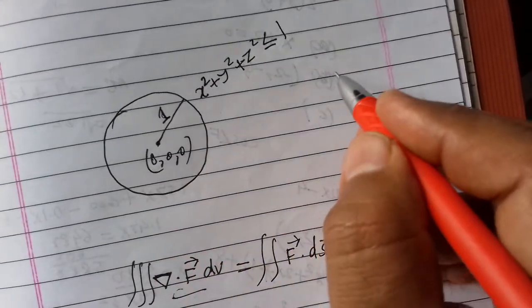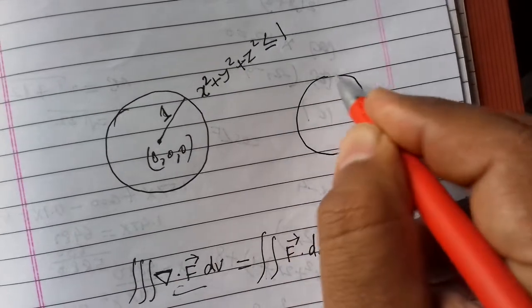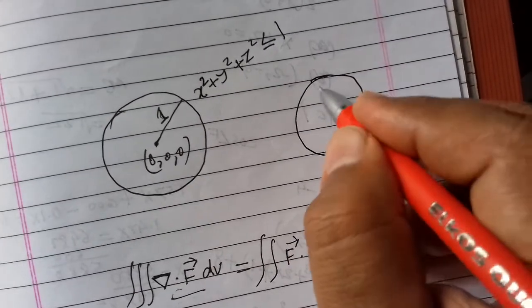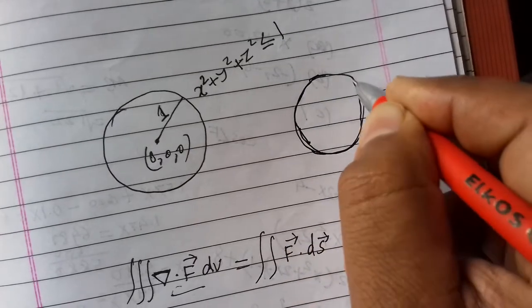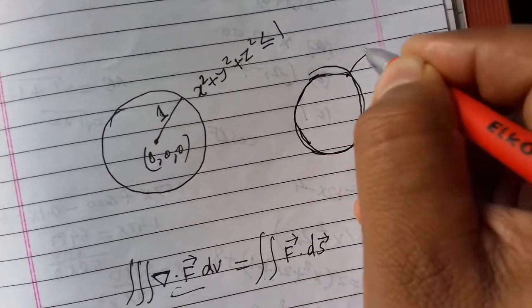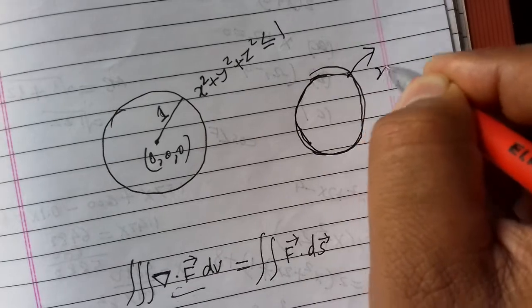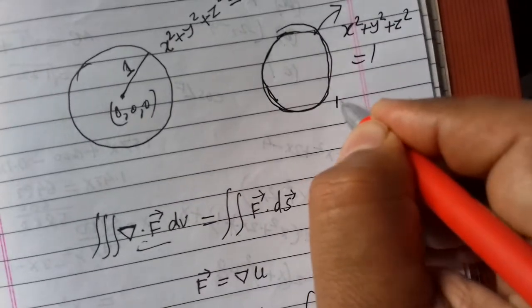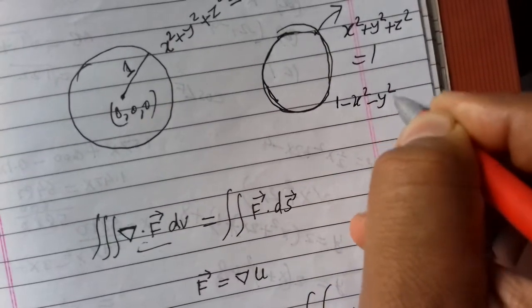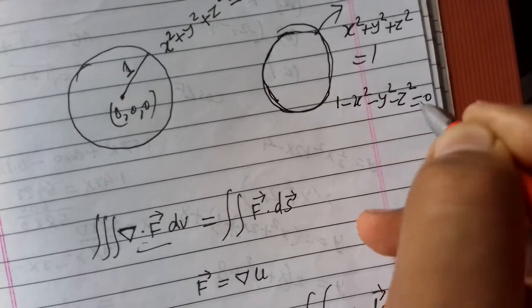But when you turn to surface integral, then you have to focus on the surface, and you know in this case the equation of the surface will be x square plus y square plus z square equals to 1. That is 1 minus x square minus y square minus z square equals to 0.